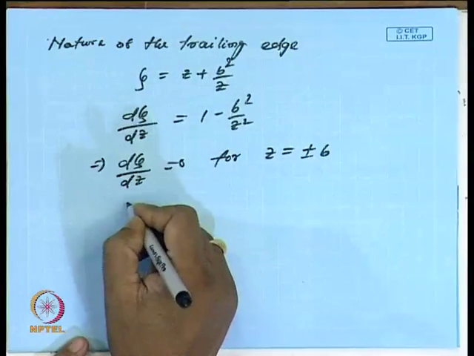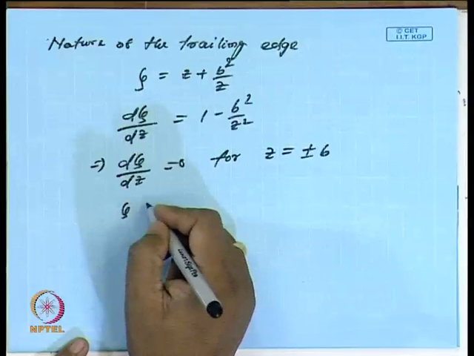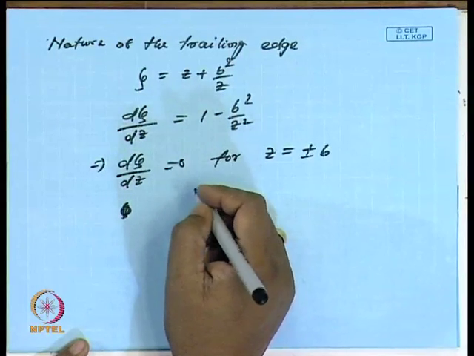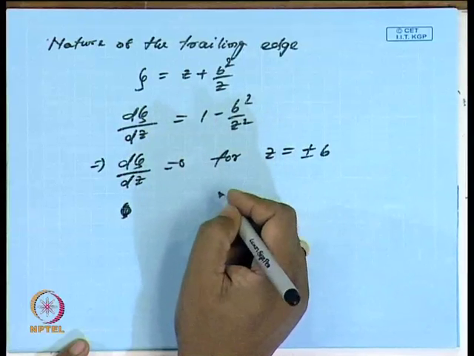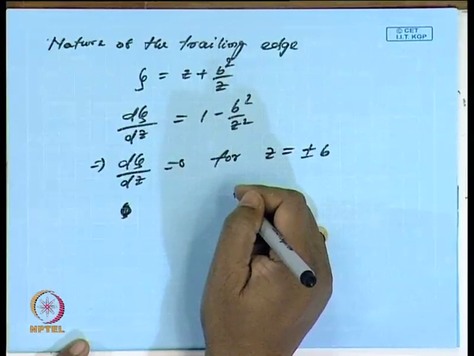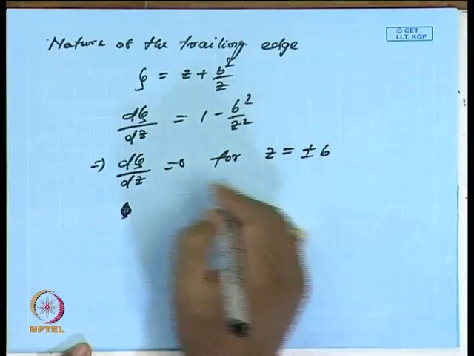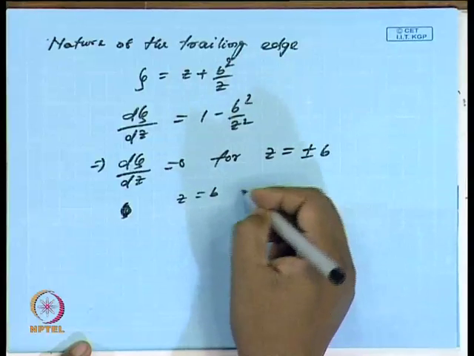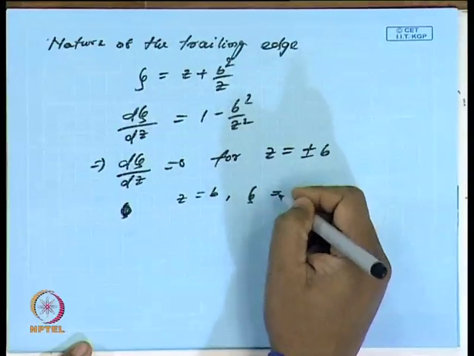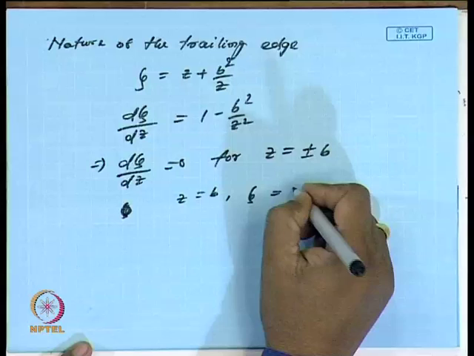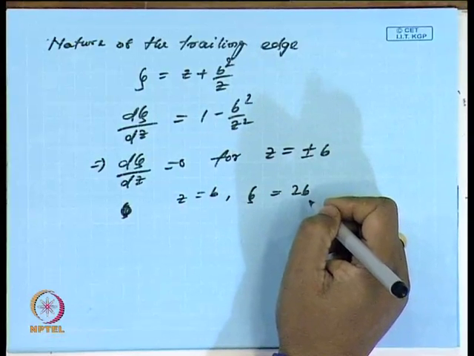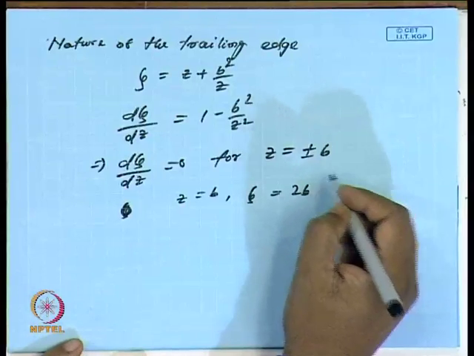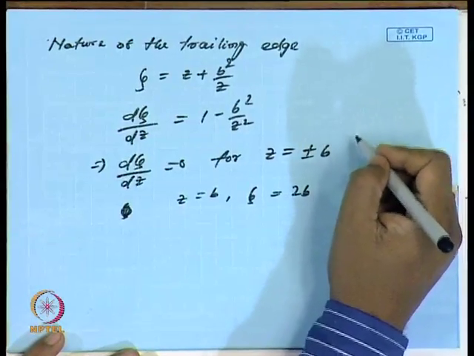Now, what will happen when z is equal to b? If z is equal to b, my zeta will be 2b, and z is equal to b is a point because of the circle, it will be a point.